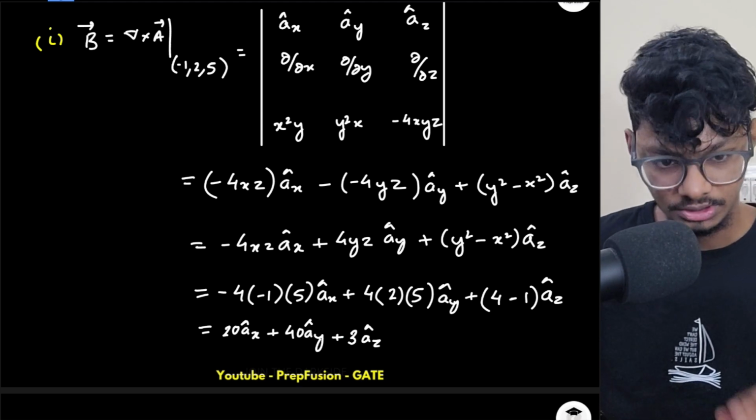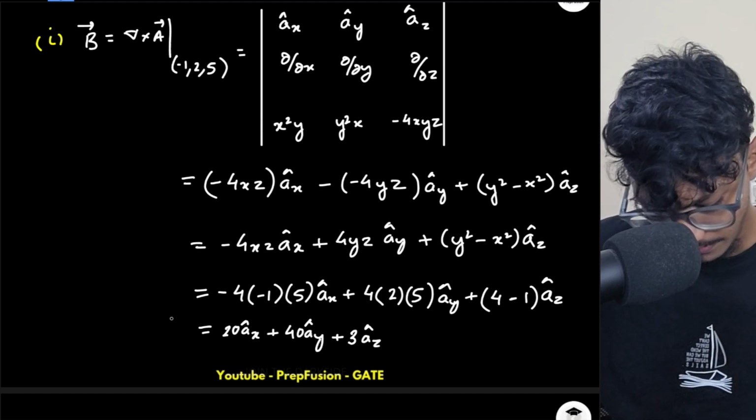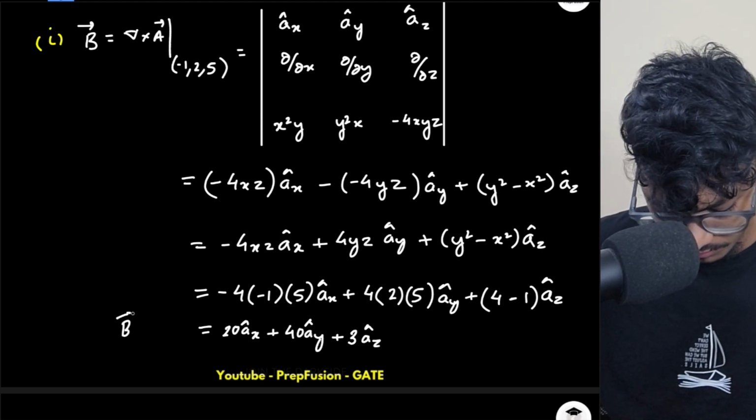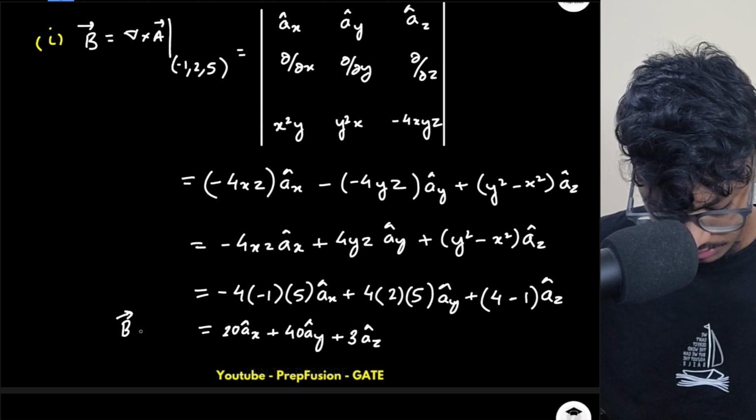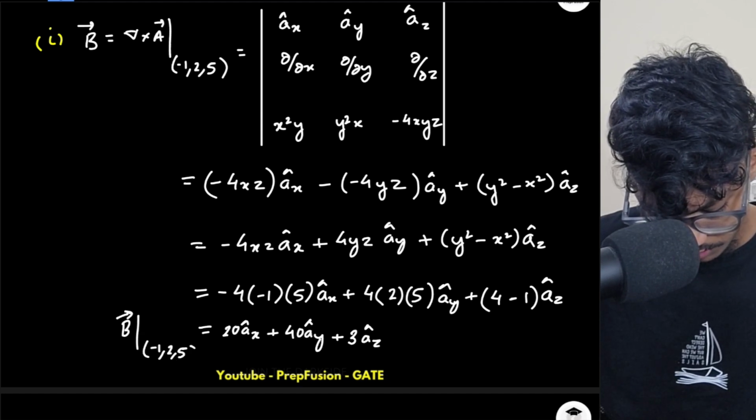This is the magnetic flux density for the field at the point (-1, 2, 5).